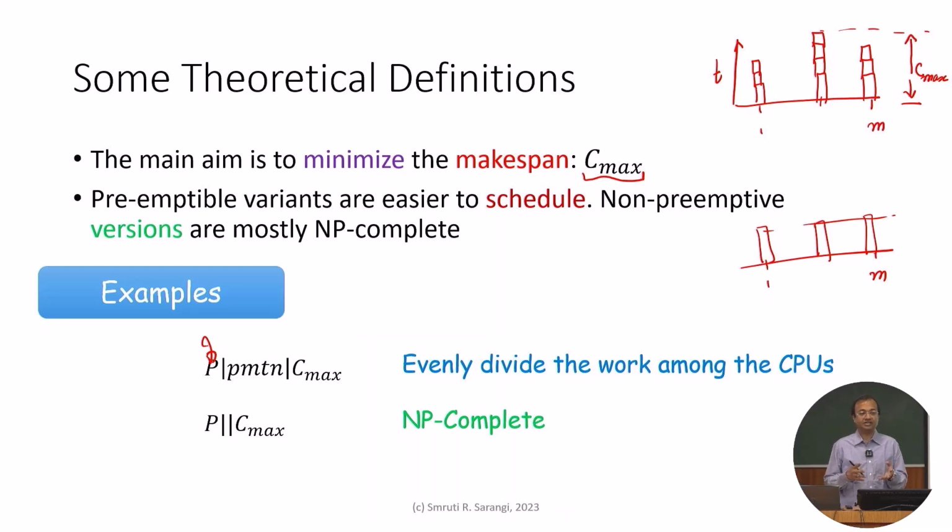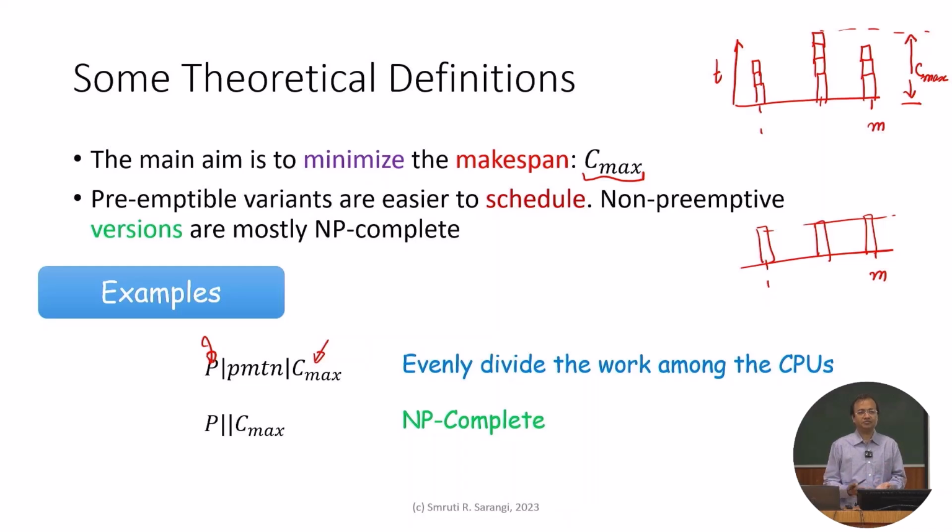So I just add up all the job lengths, divide by M, and assign that much work to each CPU. After that, you can just chop it and move it to another core. Given that we have assumed that migration latency is 0 and context switch latency is 0, arriving at this solution is quite trivial. It's very easy. But if I take out preemption, this becomes NP-complete.